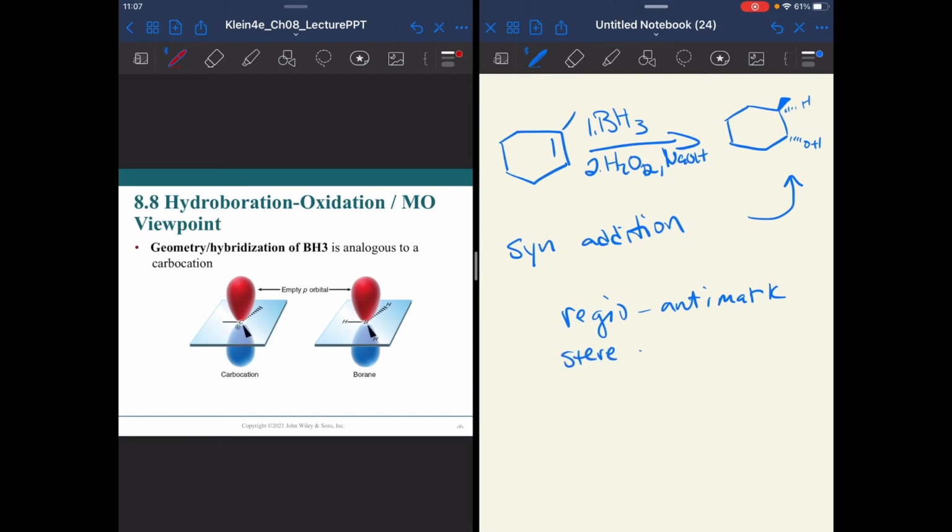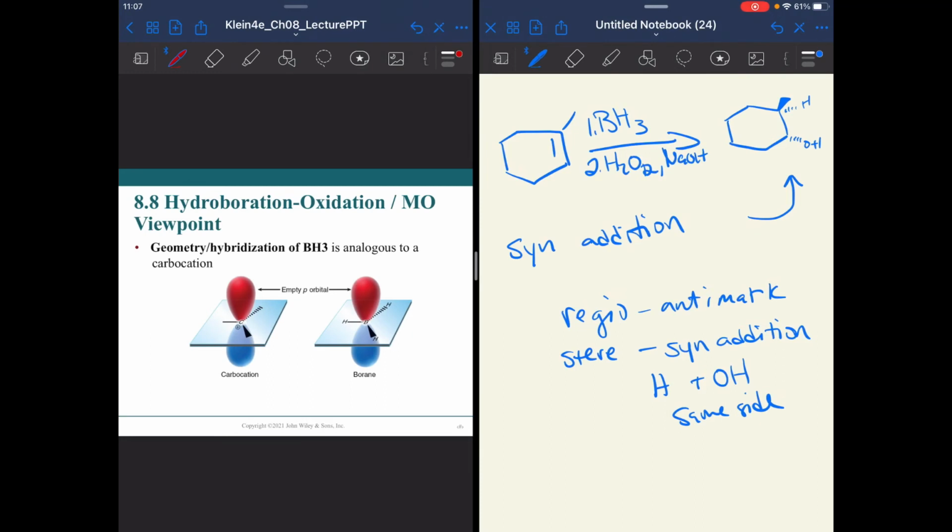And then the stereochemistry, which is the Syn addition, which tells you which face of the double bond the two items are attached to. So the H and the OH are on the same side. So if there was already a methyl group there, it is going to be on the opposite side of the OH.